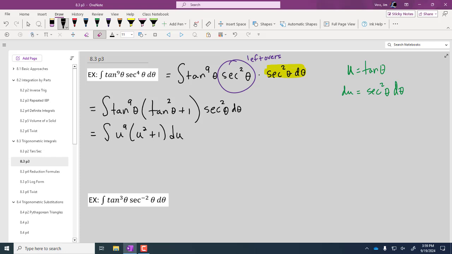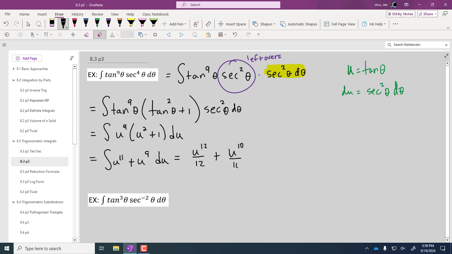Distribute the u to the 9th and rumble on. Pretty easy from here on out. So we'll get u to the 12 over 12, u to the 10 over 10, plus c. Back substitute. So we get 1/12 tangent to the 12th theta plus 1/10 tangent to the 10th of theta plus c.